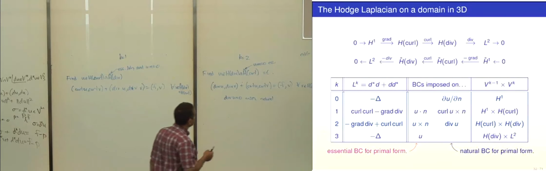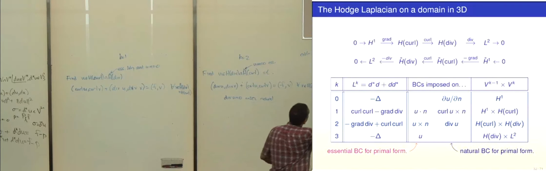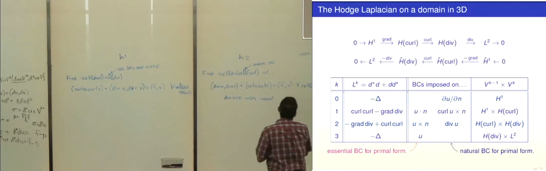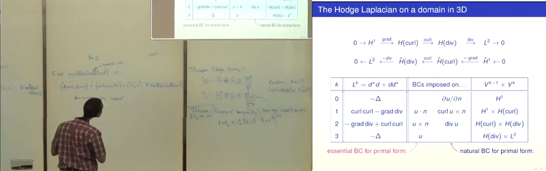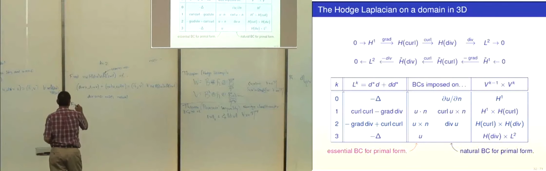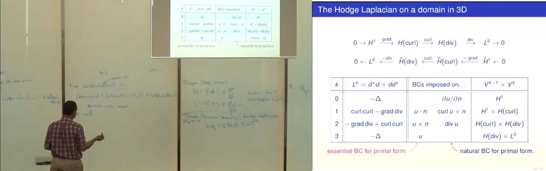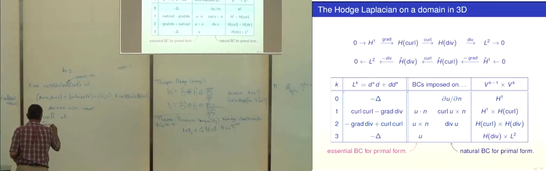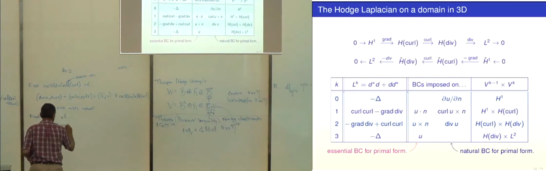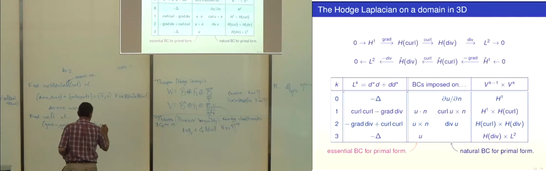And finally, what's the last one, the k equals 3 problem? Well, then we have the zero operator, so things simplify a little bit. We're now looking for u in H01 intersect L2, which is just H01, such that the inner product of grad u and grad v equals the integral of fv for all v in H01.